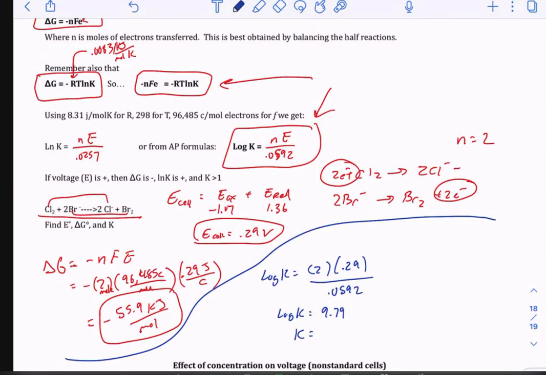Yeah, it's a big number. 6.2 times 10 to, I gotta count these: 1, 2, 3, 4, 5, 6, 7, 8, 9. Which is totally feasible. This is a very, very spontaneous reaction, so expect K to be large.